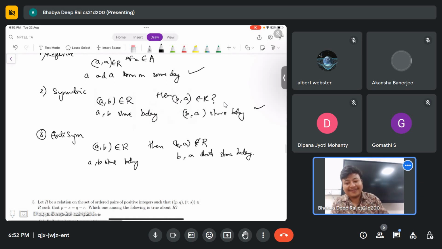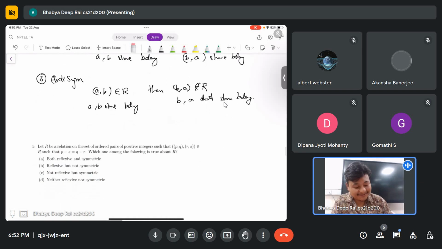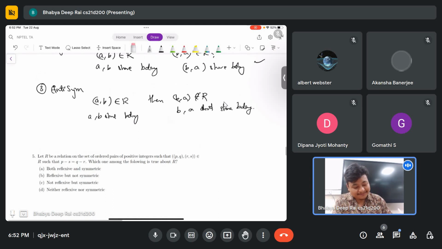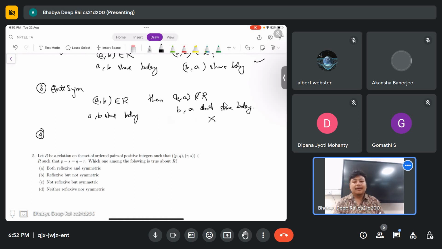Unless B doesn't want to treat A or something. So yeah, this is clearly not true. This is logically false. So it's not antisymmetric.